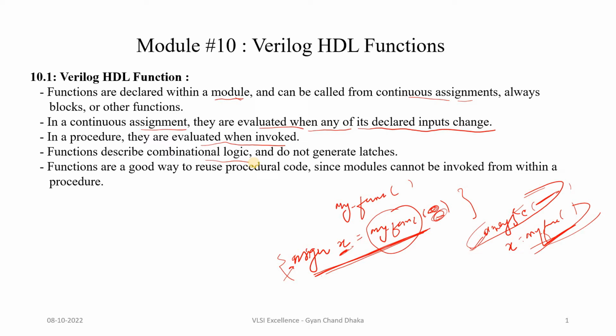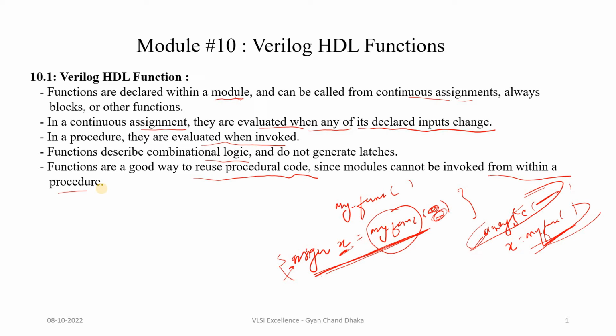But that is not the case in functions. If we do not have the else part of a conditional statement, then also the function is not going to generate any latches. Also, functions are a good way to reuse procedural code since modules cannot be invoked from within a procedure. So this is a general concept of functions.